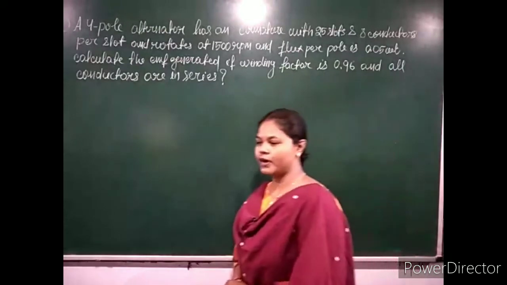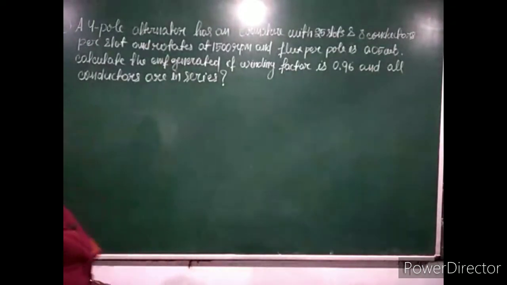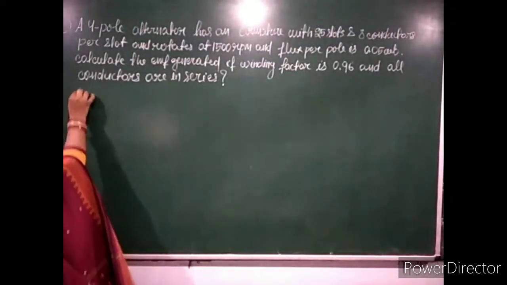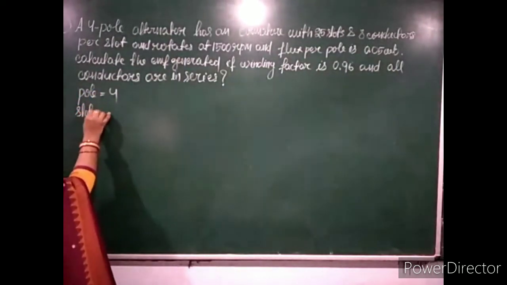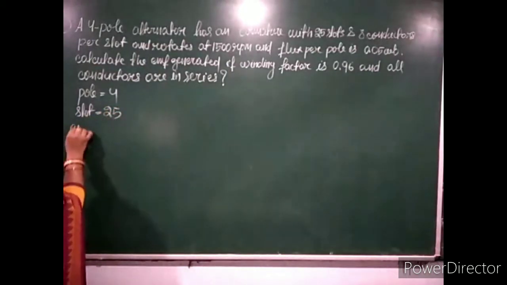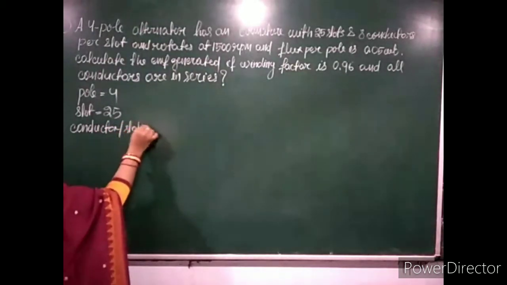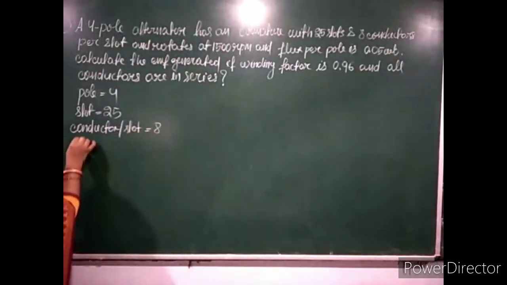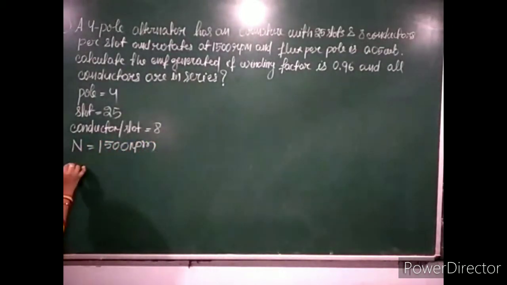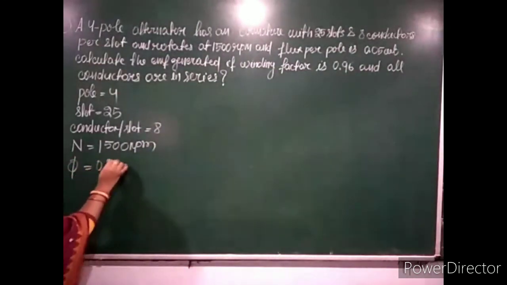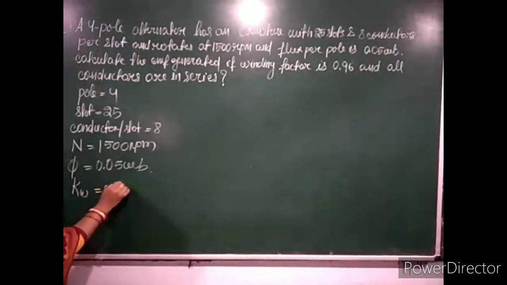So here for finding EMF generated, first we see what data are given. Here my alternator is single phase, number of poles is 4, number of slots is 25, conductors per slot is 8, speed 1500 rpm, flux 0.05 Weber, winding factor is 0.96.